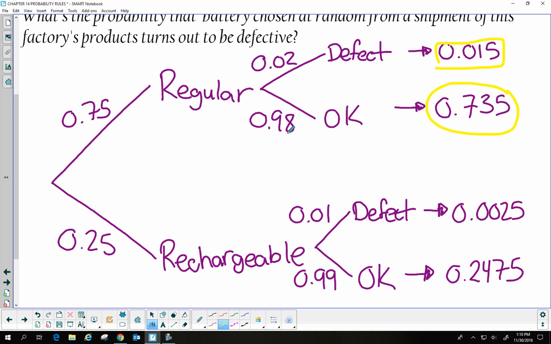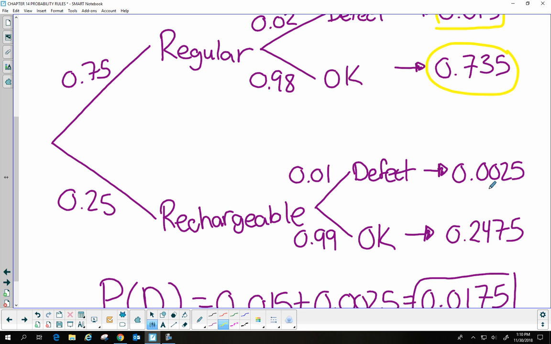We multiply them together. These two things are conditional probabilities based on it being a regular battery. Similarly, we have a 0.0025 probability of getting a rechargeable defective battery and a 0.2475 probability of getting a rechargeable OK battery.